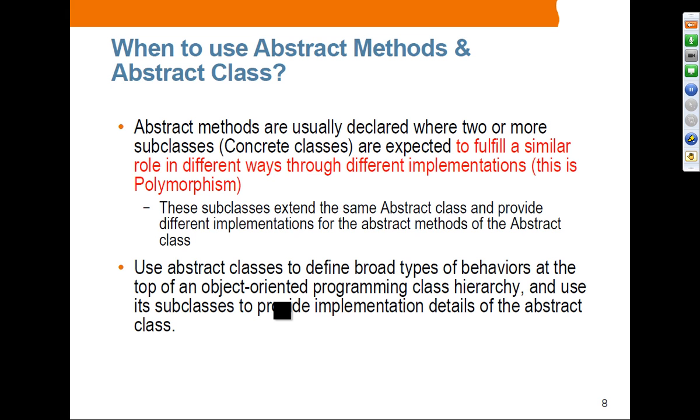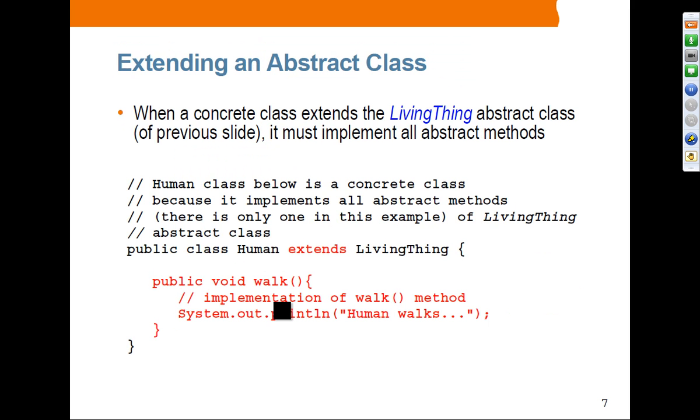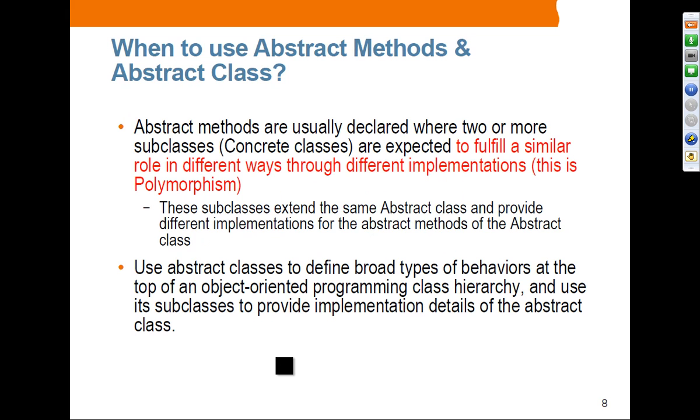In fact, this is polymorphic behavior. We have walk, which is a walk behavior, but the actual implementation could be different between a human and a monkey or a bird. So this is again to provide polymorphic behavior.